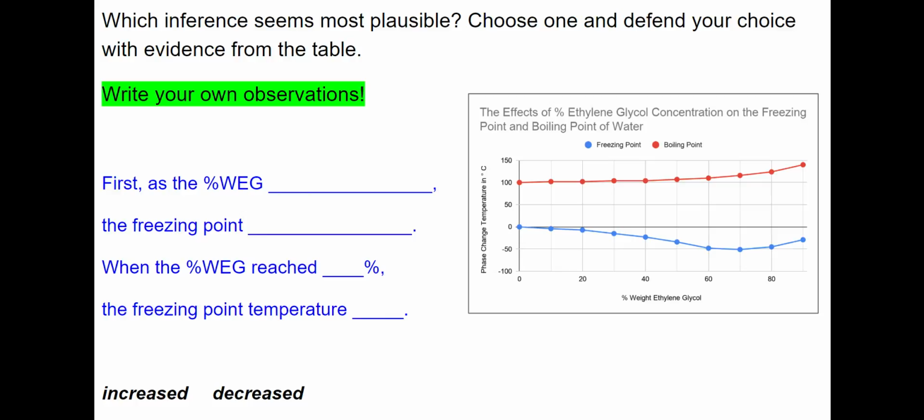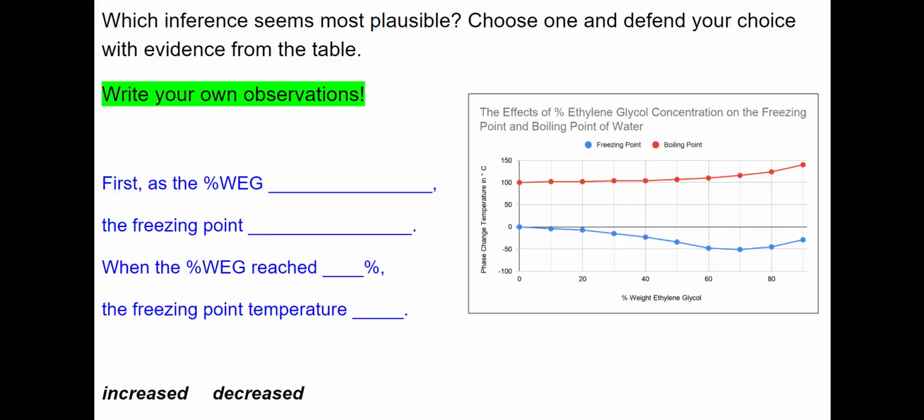Again, what they're going to ask us to do is to determine which inference seems most plausible. So which one is most based on the reality of the data set we have. Then we're going to have to choose one of those and defend our choice with evidence from the table.